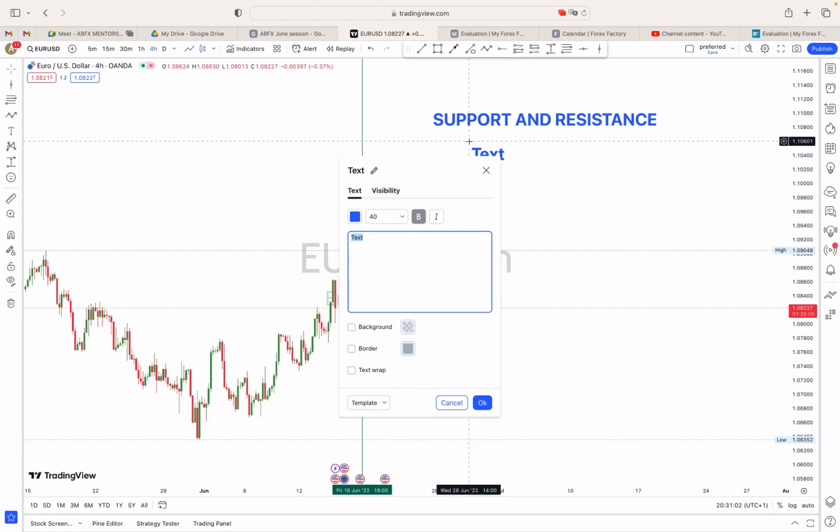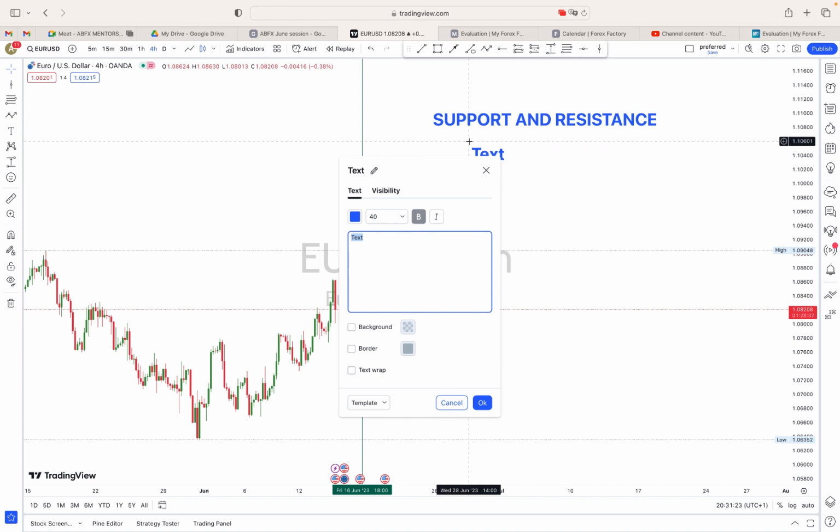So they are always fighting, through monetary policies, let's say the Bank of Ghana or Bank of Nigeria, to make sure that the market is at equilibrium, right? So this equilibrium level is what we call support and resistance levels.